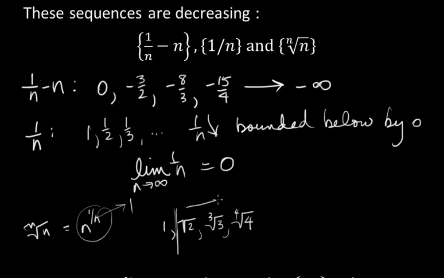Of course, the square root of 2 is bigger than 1, but from here on, these numbers continue to decrease towards 1. Notice if this is a decreasing sequence, it is bounded below. We can say that a sub n is greater than or equal to 1 for all n. Therefore, it is bounded below, and it does converge, in fact, to 1.